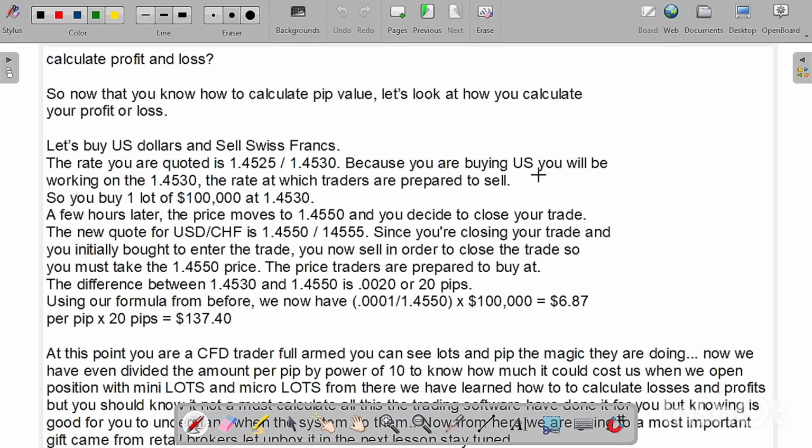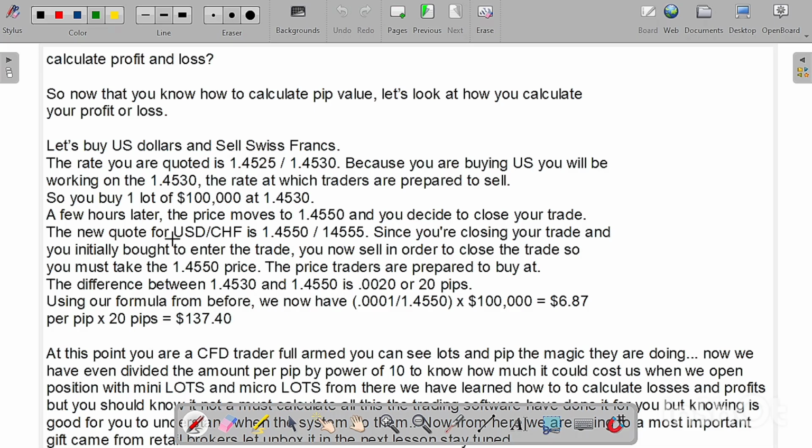Because you are buying US dollar, you will be working with the 1.4530, the rate at which traders are prepared to sell. So you buy one standard lot of $100,000 at 1.4530. Then a few hours later, the price moves to 1.4550. You decide to close your trade.